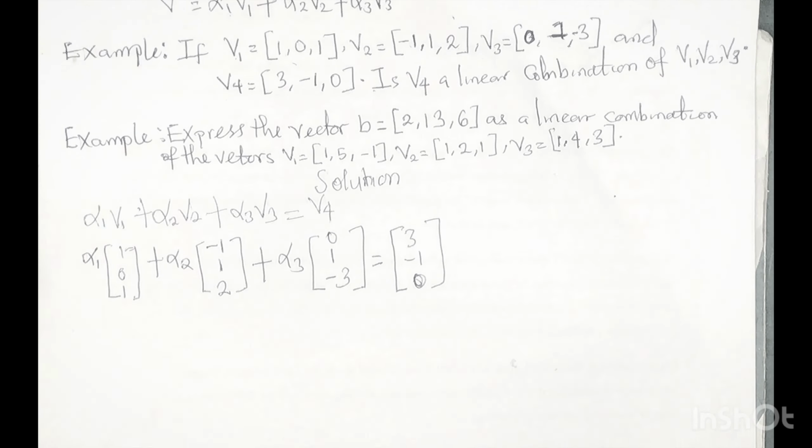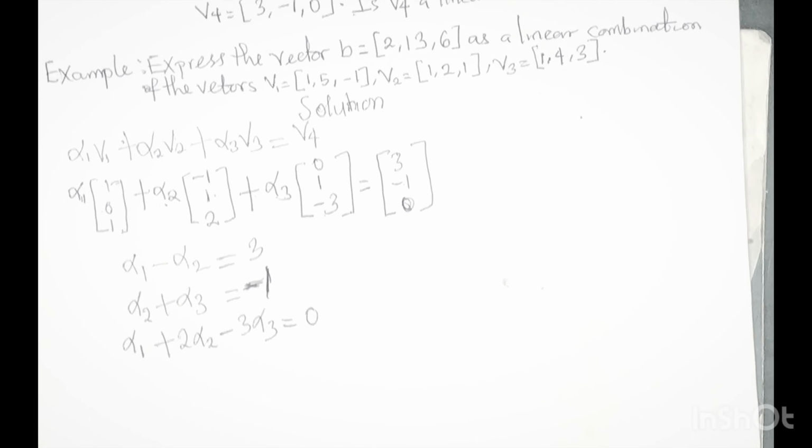We have alpha 2 times 1, which will give us alpha 2, and alpha 3 times 1, which will give us plus alpha 3, which equals minus 1. And then the next one, we have alpha 1 times 1, which is alpha 1. Alpha 2 times 2 will give us 2 alpha 2. And alpha 3 times minus 3 will give us minus 3 alpha 3, which is equal to 0. Can you see that now?